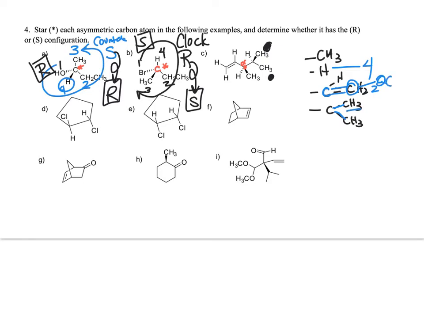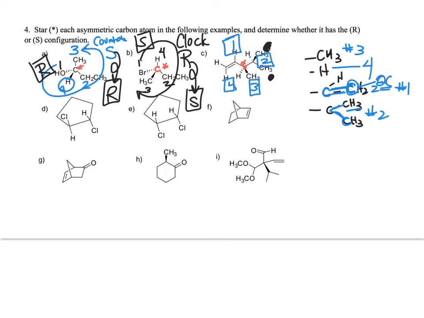This carbon is just connected to 1 carbon. This carbon is connected to 1 carbon. This carbon is double bonded, so it's connected to 2 carbons. So this would have to be number 1 priority. The other would be number 2, and then the methyl would be number 3. So this would be 1, and we said this would be number 2. This would be number 3, and this would be number 4.